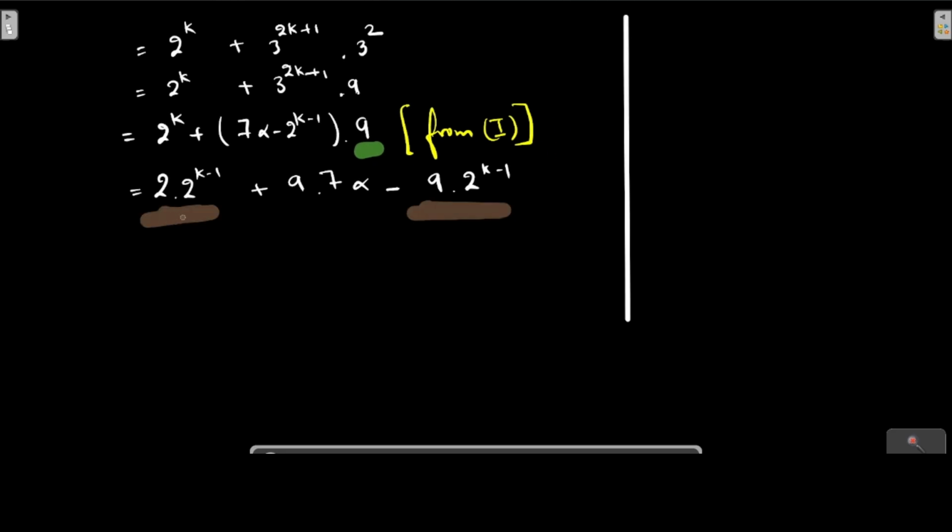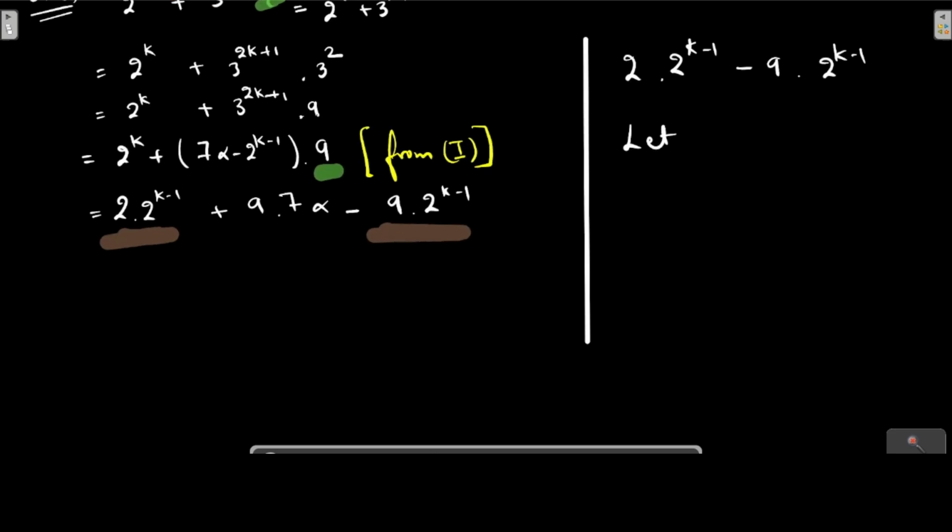Let's just consider these two terms in a separate column over here. 2 times 2 to the power of k minus 1 minus 9 times 2 to the power of k minus 1. Let your x be 2 to the power of k minus 1. So it becomes 2x minus 9x.